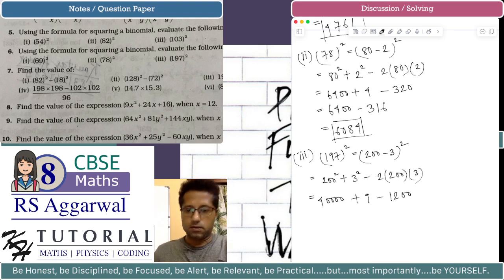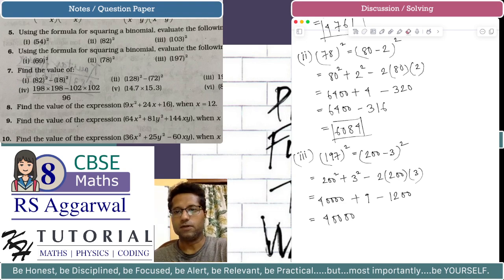Okay, now we have to do this simplification. This is 40,000 plus 9, minus 1200. The simplification you can do in any way you like, whichever is convenient to you.